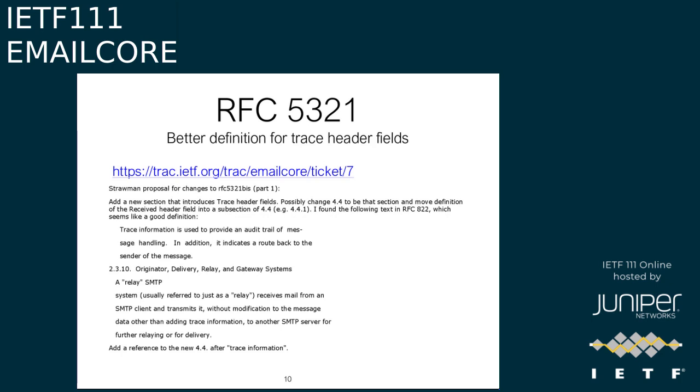So moving on to the SMTP spec itself, I did a scan of the document for everywhere that trace information or trace header is mentioned, as well as received. And over 3 slides, I'm proposing some changes. I think they're relatively minor. One thing is that the document implies that the trace header fields can include other header fields, but it only defines received.